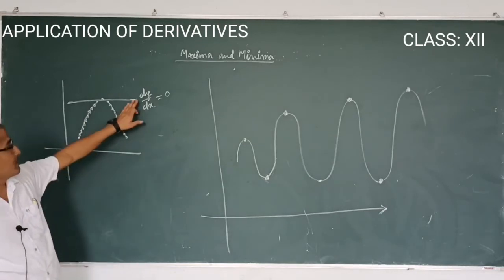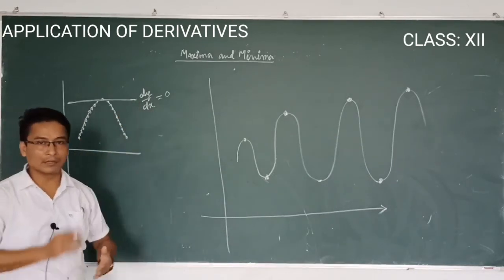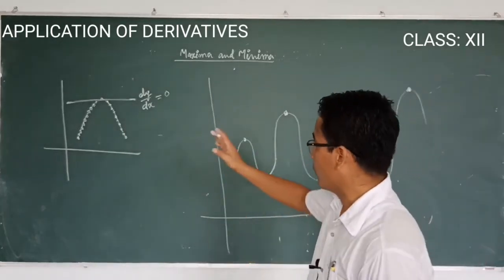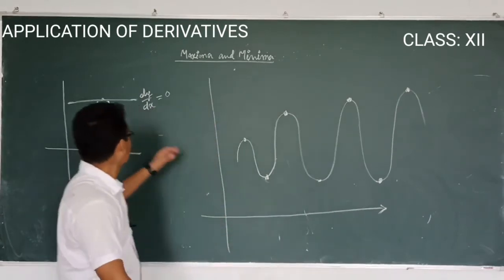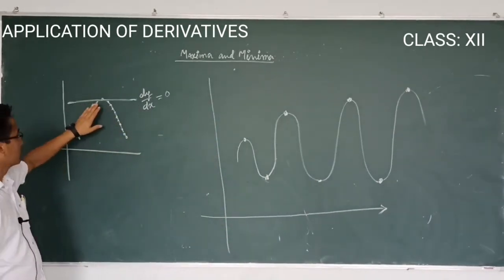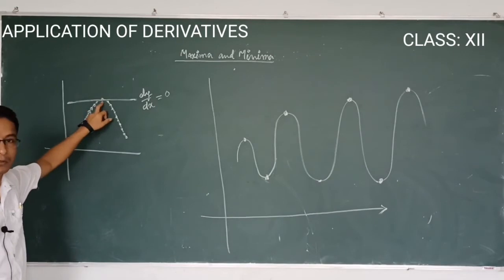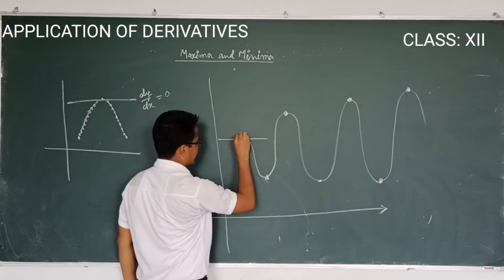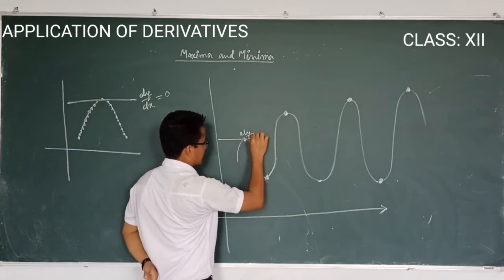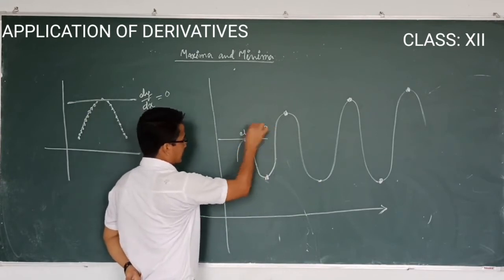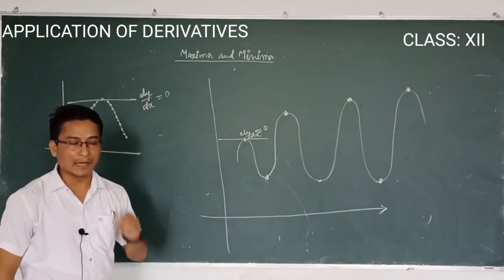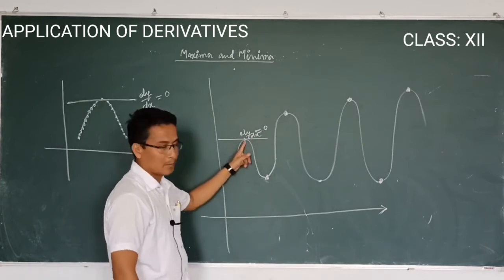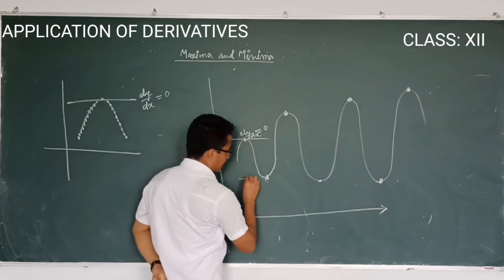If you draw a line parallel to the x-axis at this point, we say the slope dy by dx equals 0. So dy by dx equals 0 gives what? The slope dy by dx gives the maximum value of the curve. Also at this point, if you draw the graph here, this is dy by dx equal to 0.